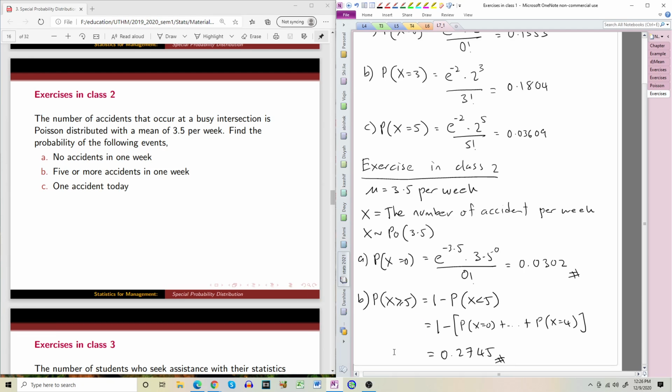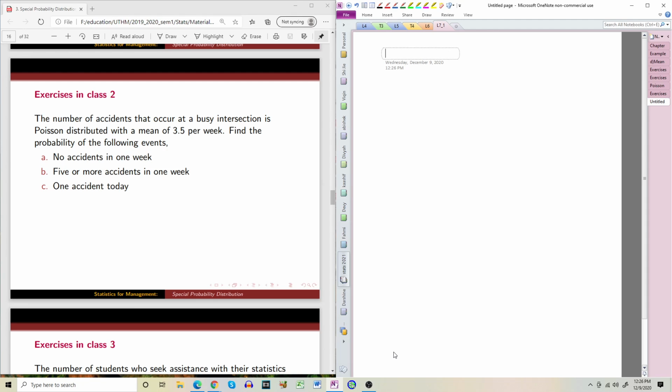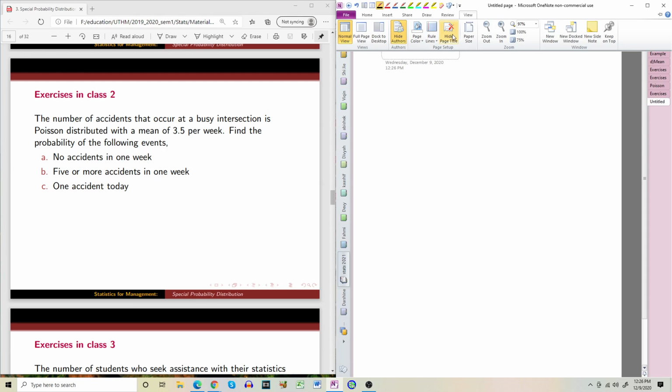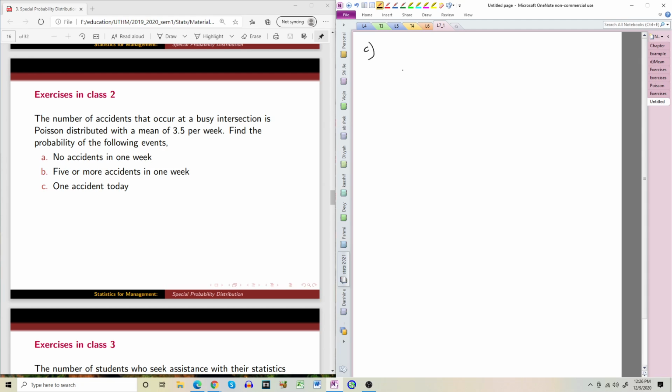Going to the next page. For C, find the probability of the events. One accident today is one day, eh?